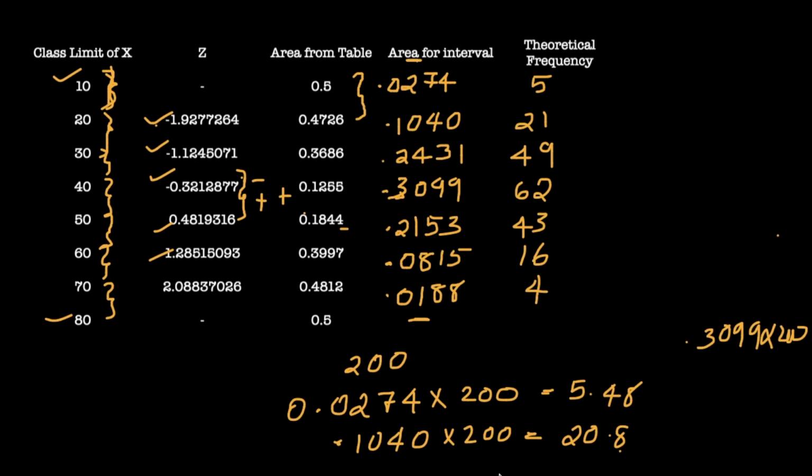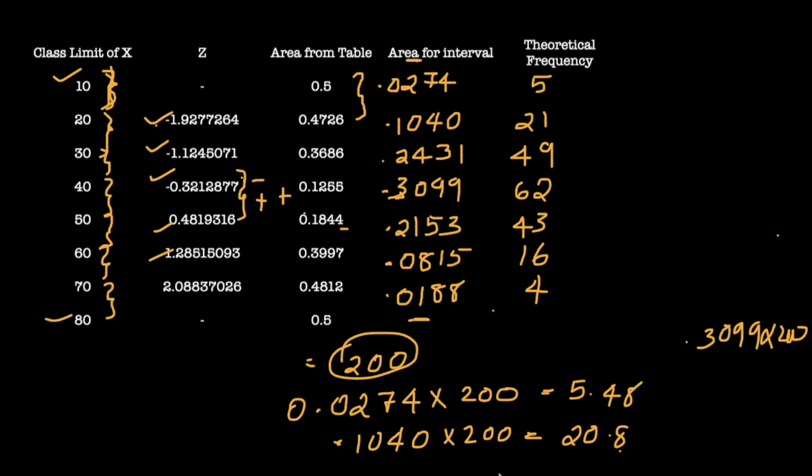And we should see whether the theoretical frequencies which we have calculated now are at par with the total number, right? We should not get a total which is greater than the grand total of frequency, which is 200. So let us see.